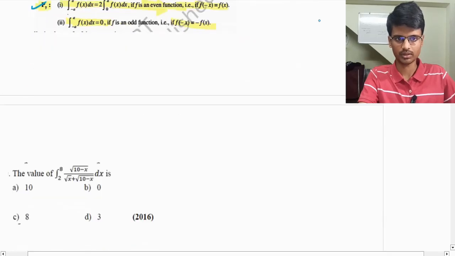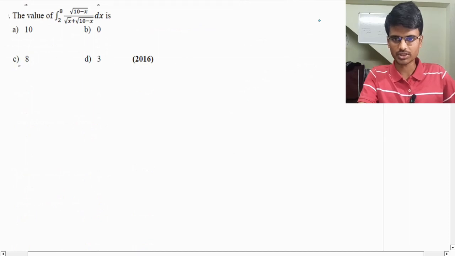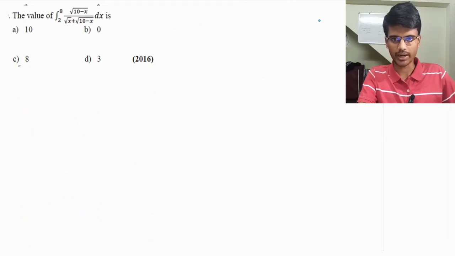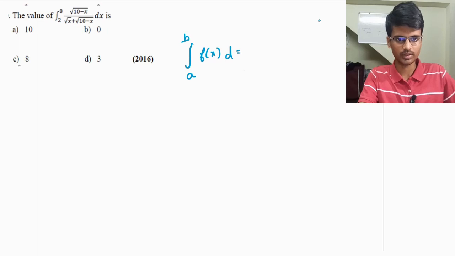The first question that we have is integral 2 to 8 of root of 10 minus x divided by root x plus root of 10 minus x dx. This is one property that mostly works: a to b f of x dx is equal to a to b f of a plus b minus x dx.